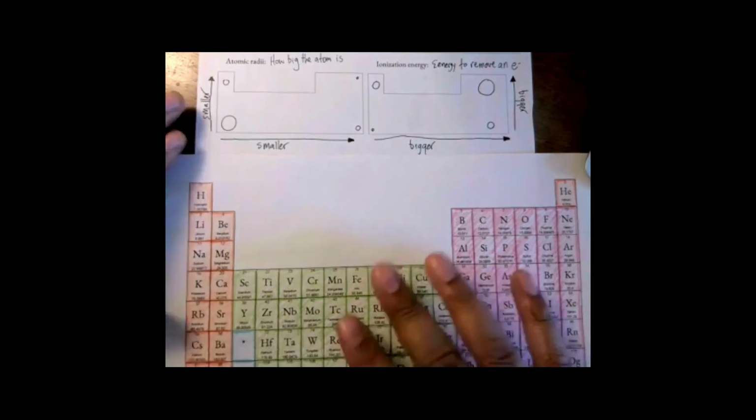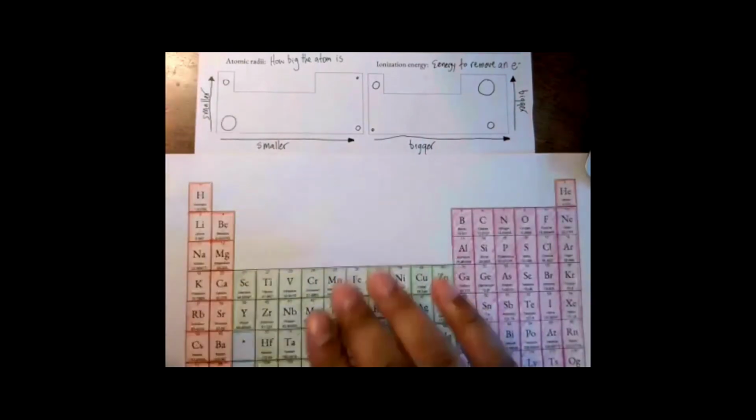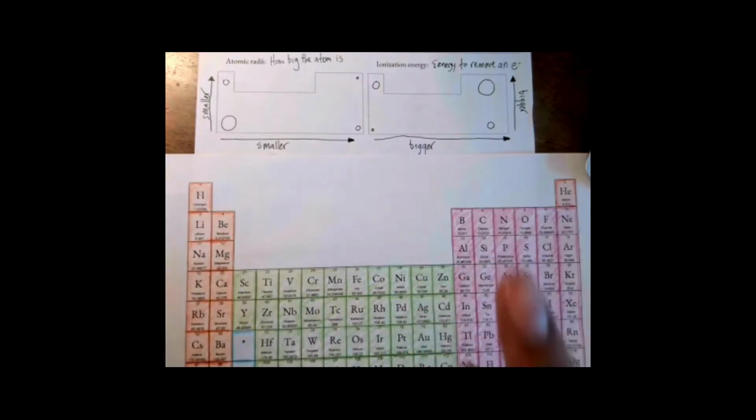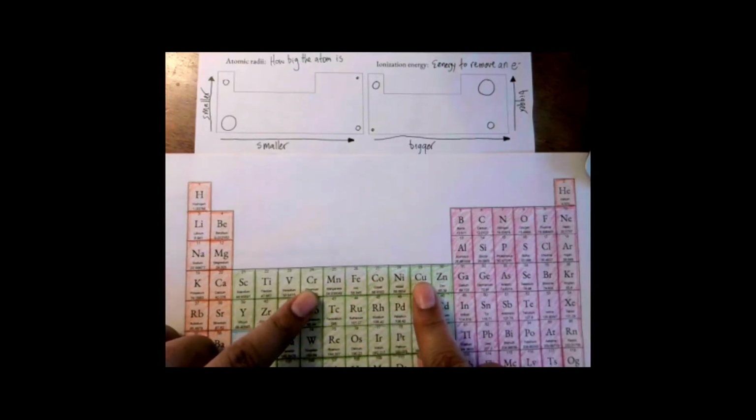Same question put in reverse. Which one is bigger? Cr or Cu? Which one is bigger? Ooh, we got some controversy here.